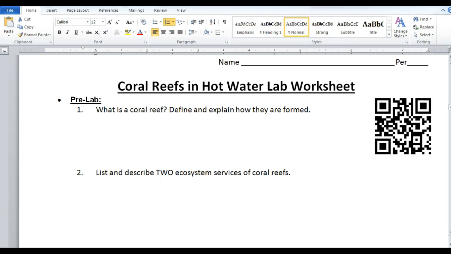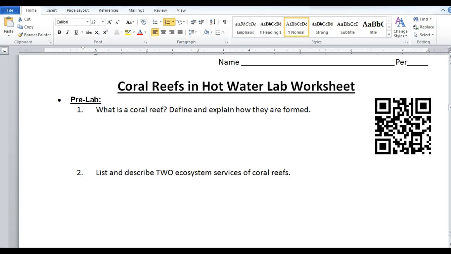So the second question says, list and describe two ecosystem services. So ecosystem services. What? Okay, yeah, food sources for other animals and for humans. What else? Yeah. Okay, protection from the coast. Good. What else? Provide habitat.